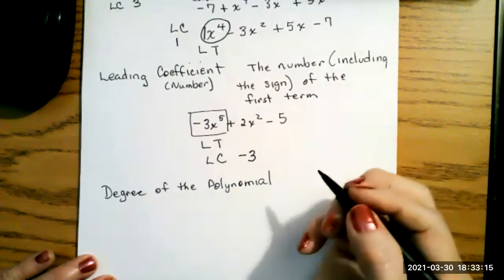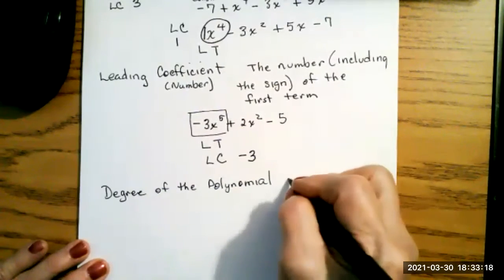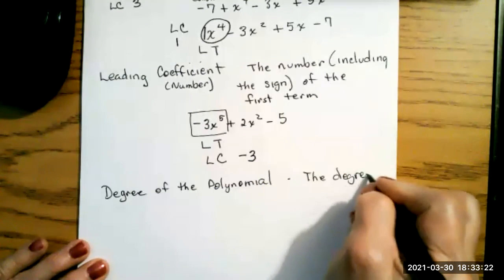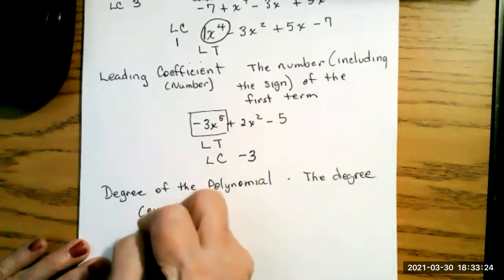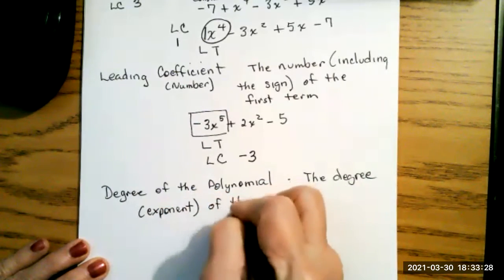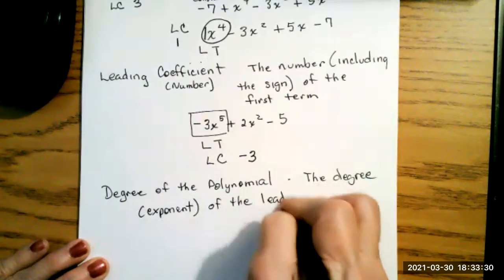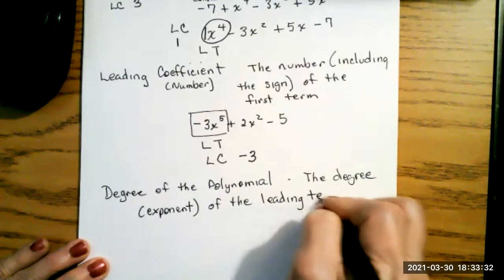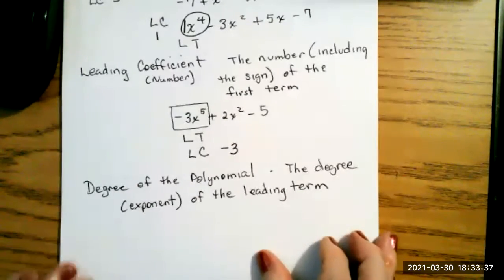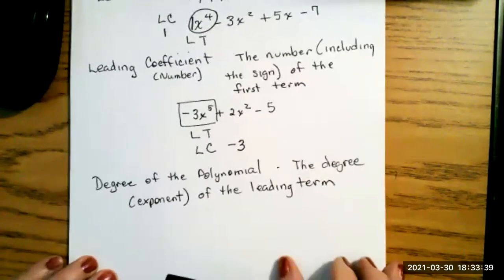The degree of the polynomial is the degree, and that means the exponent, of the leading term. So it's important to know what the leading term is because you've got to have the degree of the exponent.